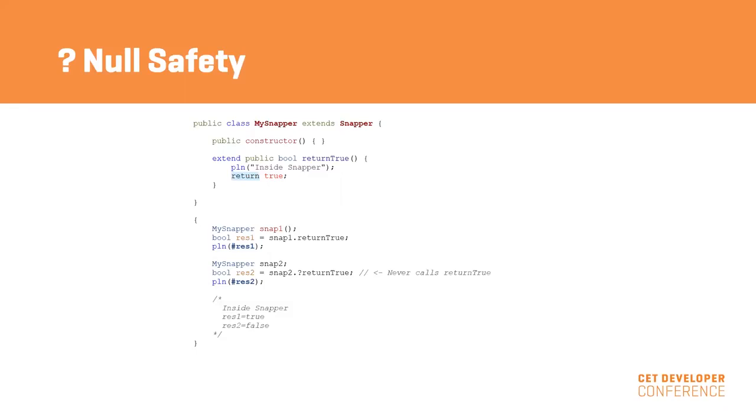What I mean by that is return true has a return type of bool, so it will return the default value of bool, which is false.